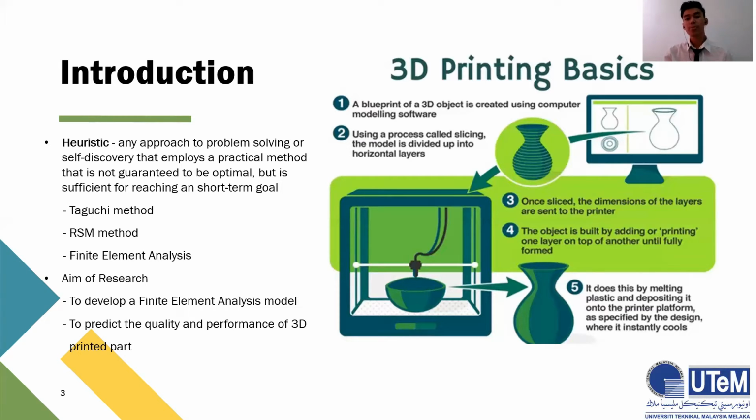And number four, the object is built by adding or printing one layer on top of another until fully formed. It does this by melting plastic and depositing it onto the printer platform, as specified by the design, where it instantly cools.